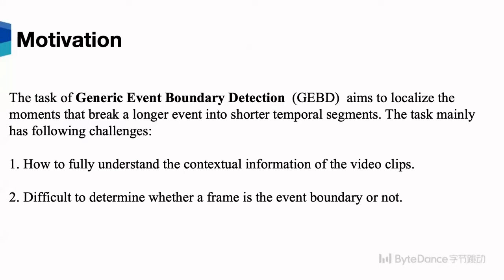The task of generic event boundary detection aims to localize the moments that break a longer event into shorter temporal segments. The task has the following challenges. First, how to fully understand the contextual information of the video clips. Second, it is difficult to determine whether a frame is the event boundary or not.